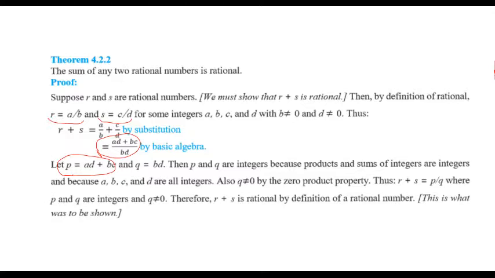So q is not zero, and as a result, since r plus s can be written as p over q, and p and q are integers, and q is non-zero, we can conclude that r plus s is rational by the definition of rational numbers. So we showed that if r and s are rational numbers, then r plus s is rational. So we are done with the proof of theorem 4.2.2.